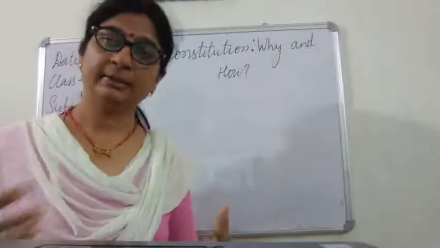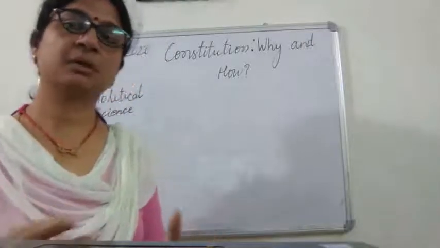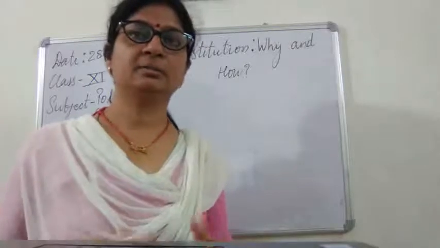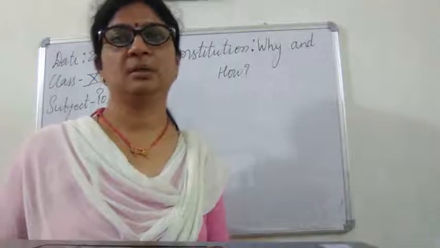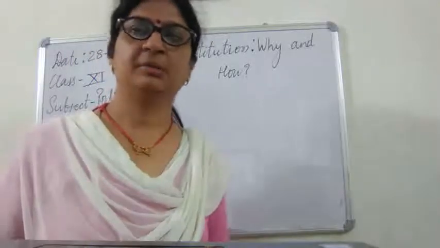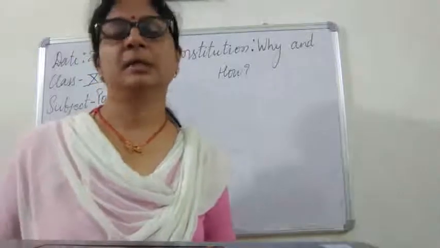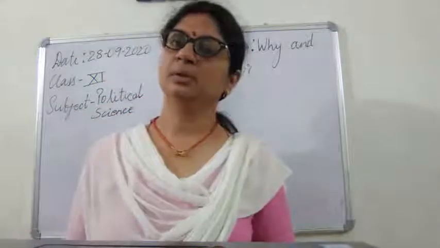So why have all these things been mentioned in the constitution? Because it is the function of the constitution that it must specify how the government will be constituted, what will be the powers of the government, who will have the power to take decisions in a society. So these are the two important functions.